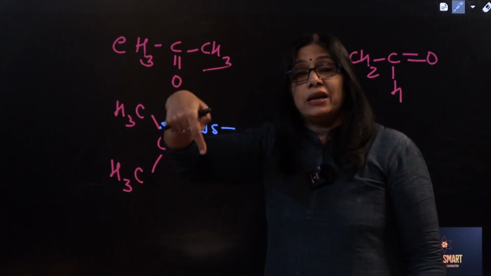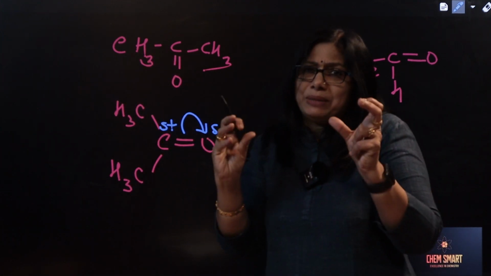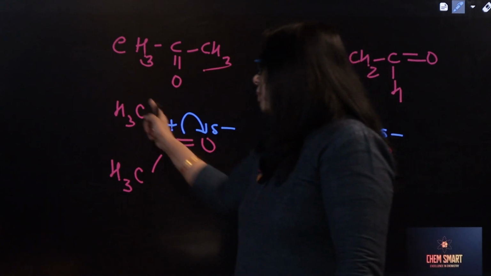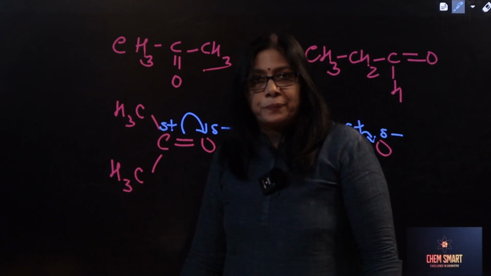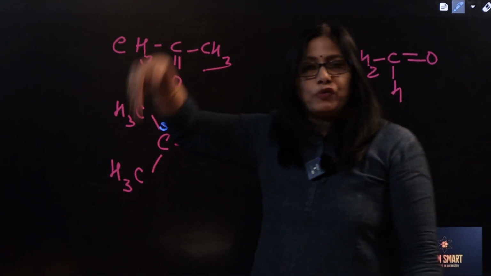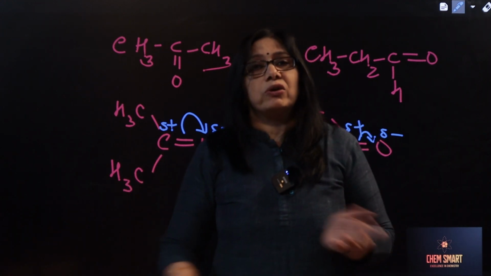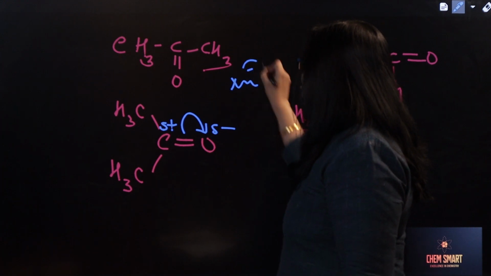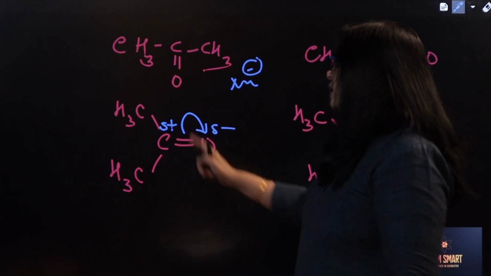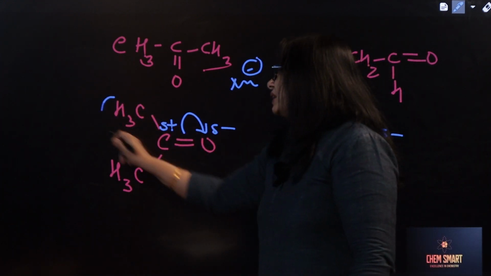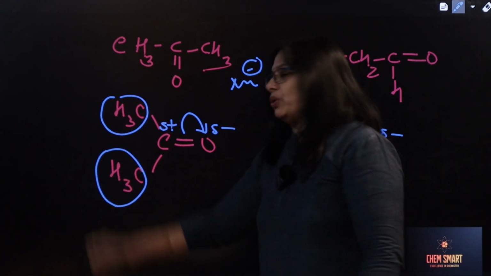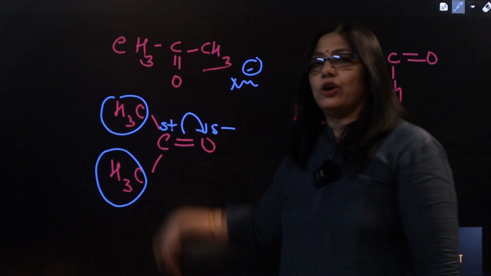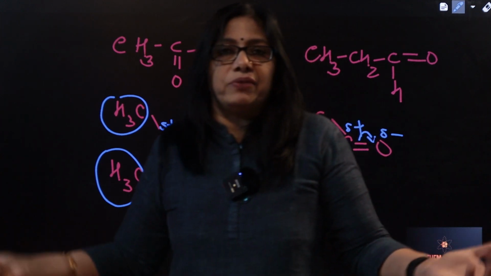The nucleophile is a negative ion, so it will be a bit bulky. If there are bulky groups surrounding the electrophilic carbon, the entry of the nucleophile will be hindered. That is called steric hindrance. When a nucleophile is coming to attack, just imagine there are two bulky methyl groups in propanone, which will hinder the entry of the nucleophile, that is CN- coming from HCN.